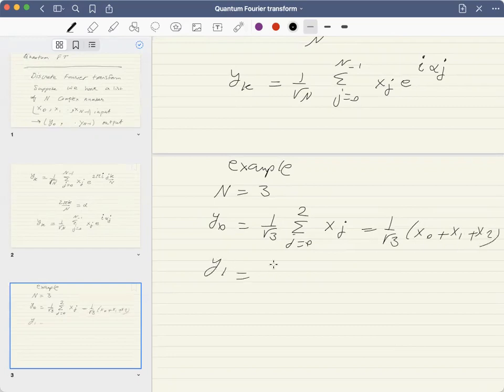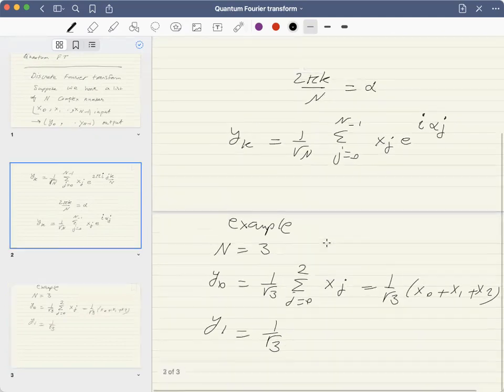What about y1? It's going to be 1 over square root 3. Now, each of them multiplies. So my alpha is going to be 2 pi over 3.